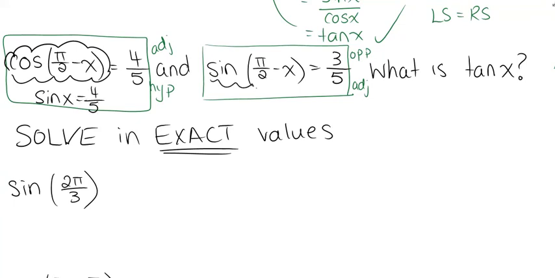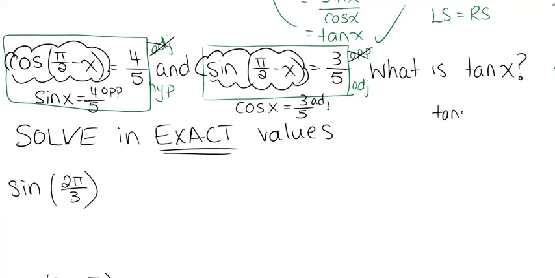What? And this one, the pi over 2 minus x thing, is actually cos x equals 3 over 5. So that's the crazy part. What you thought was the opposite is actually the adjacent side, and what you thought was the adjacent is actually the opposite.